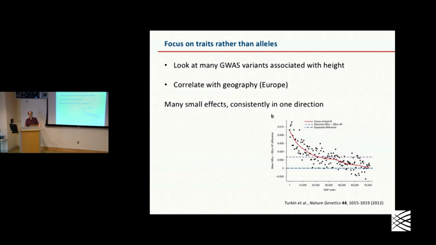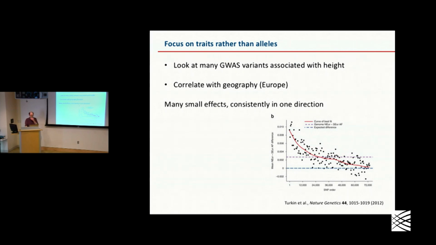And we're not interested just in the ones that were statistically significant, the handful of things that are really outliers. Now we can construct polygenic scores or risk scores based on a whole bunch of variants, many of which appear associated with the trait. Some of them may not be causal, but if you average over a lot of them, you're covering a lot of the genetic cause of that trait.